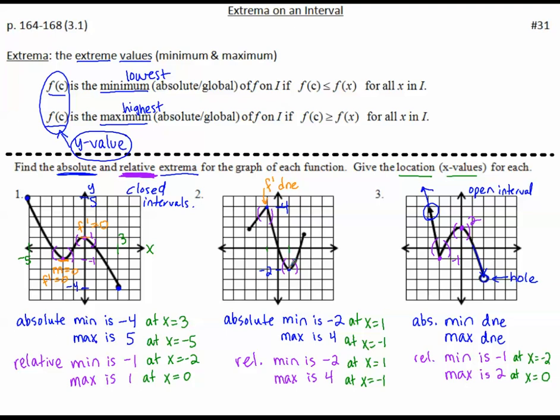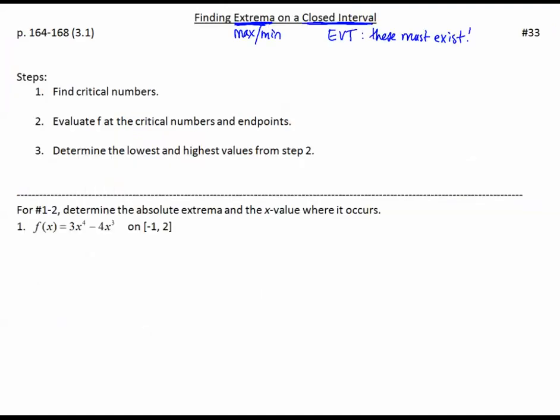So let's remember that these absolute maxes and mins can occur at critical numbers and endpoints. That's the most important thing to start with, remembering when these maxes and mins can happen. Then it helps guide us in what we need to do.